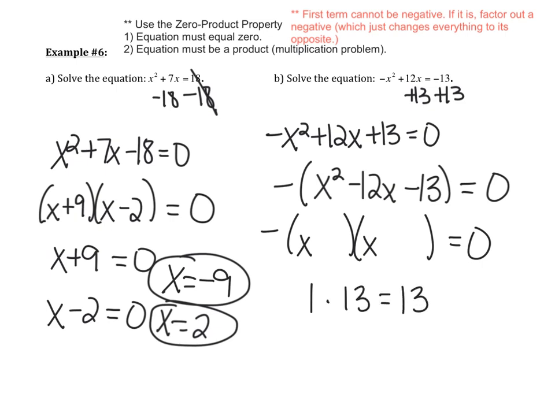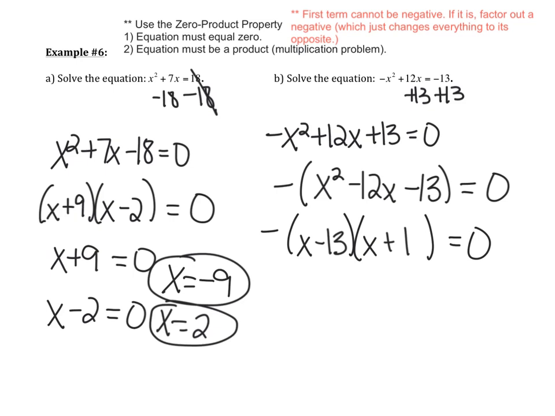But I need to figure out 1 plus 13, how will I get that negative 12? Which number would have to be negative? The bigger number would have to be negative in this case, so I get that negative 12. So the 13 is going to be negative, so I could have minus 13 here and plus 1 there, since the 13 had to be negative and the 1 had to be positive.